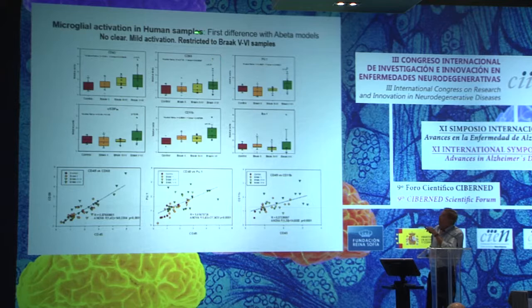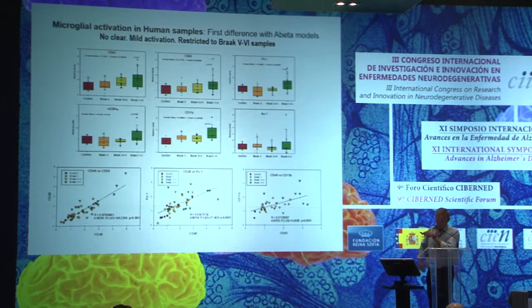The first difference we observed with the models is that the expression of many different markers of microglial activation is more or less similar, with no very clear differences between controls, BRCA2, BRCA3, 4, or BRCA5, 6. There is just a small increase in the expression of many of these markers exclusively in the BRCA5, 6 population.